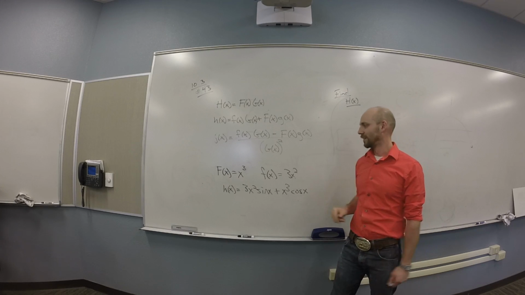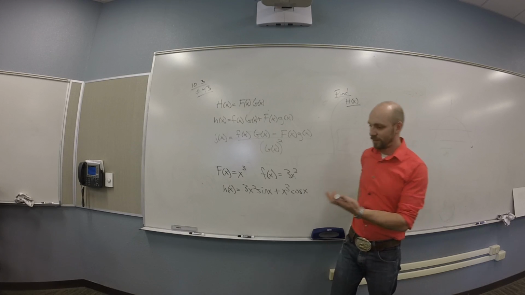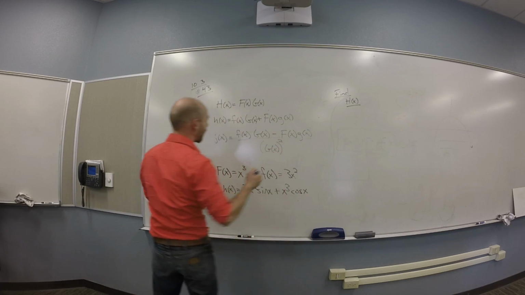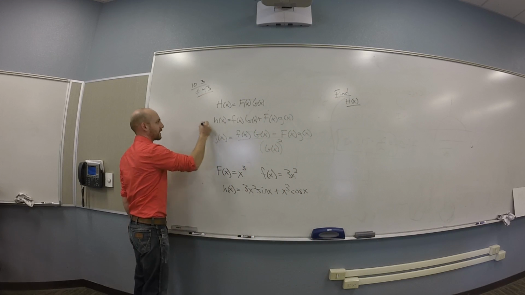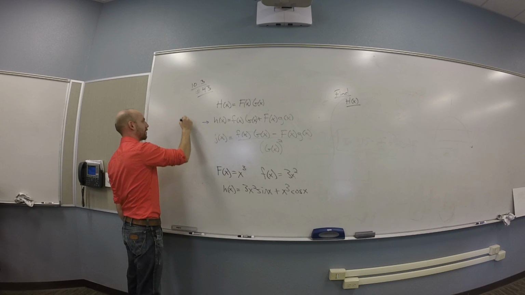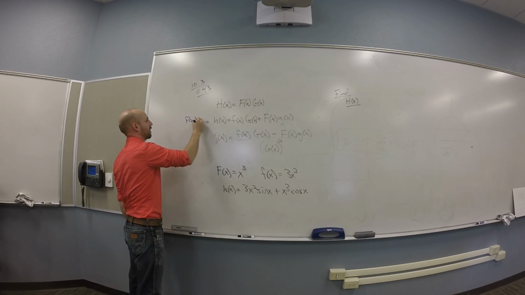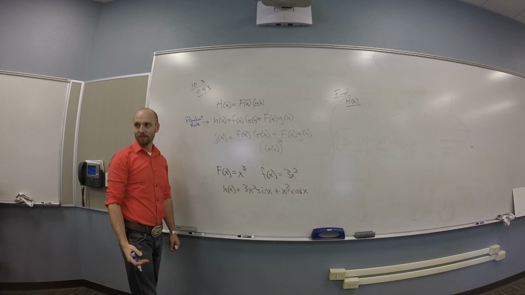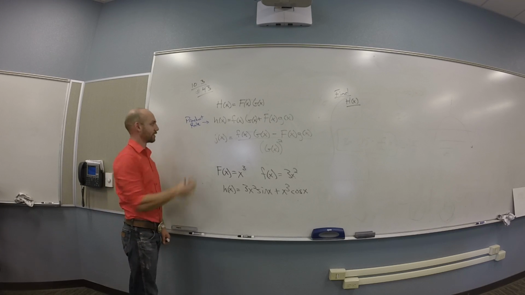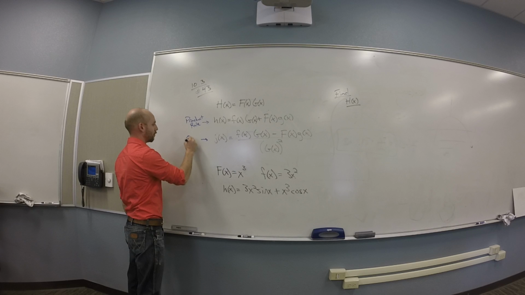So, for your edification, this little h here is a thing called the product rule, which tells you how to differentiate products. This other thing is called the quotient rule.